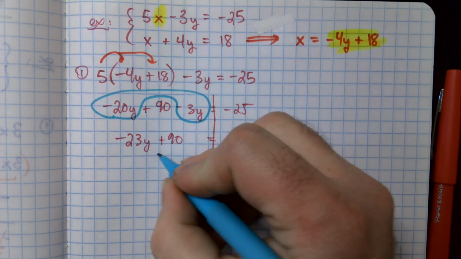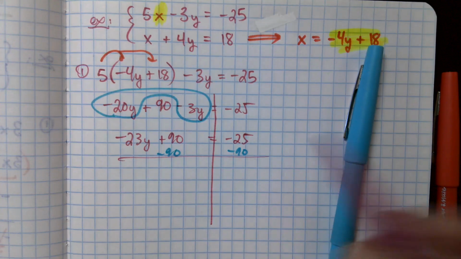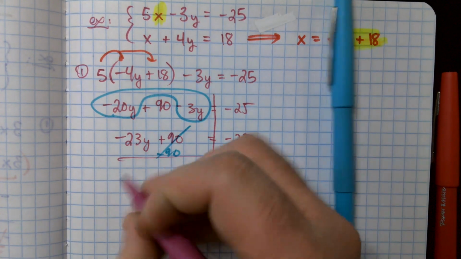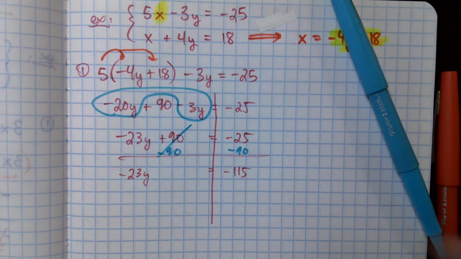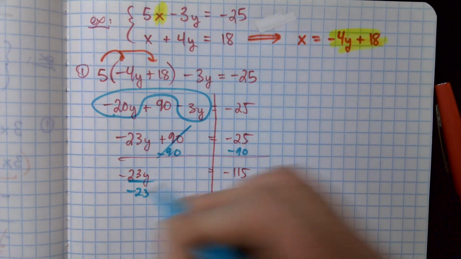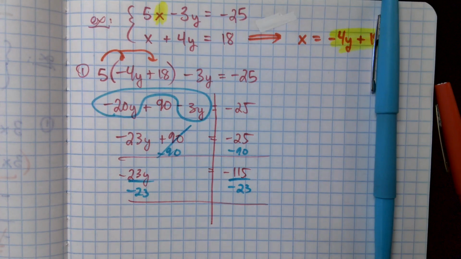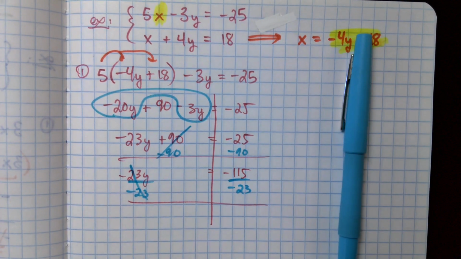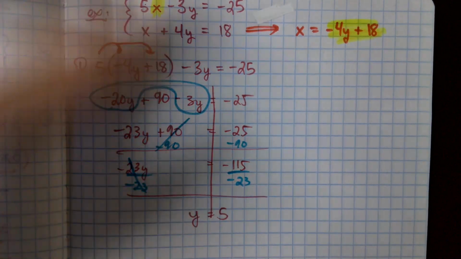Minus 90 from both sides. Those 90s go away. Negative 23y equals negative 115. Divide by negative 23. What's a negative over a negative again? A positive. And how many times does 23 go into 115? 5 times. Is that my final answer?